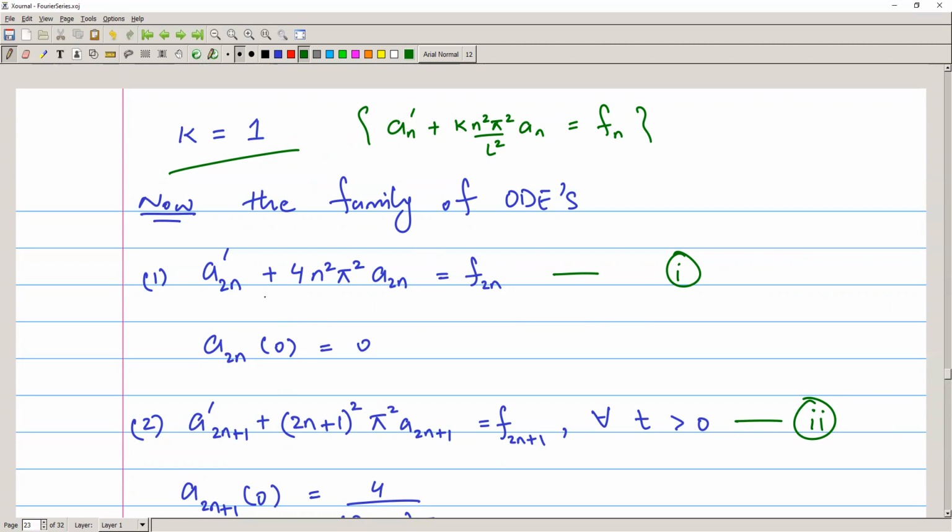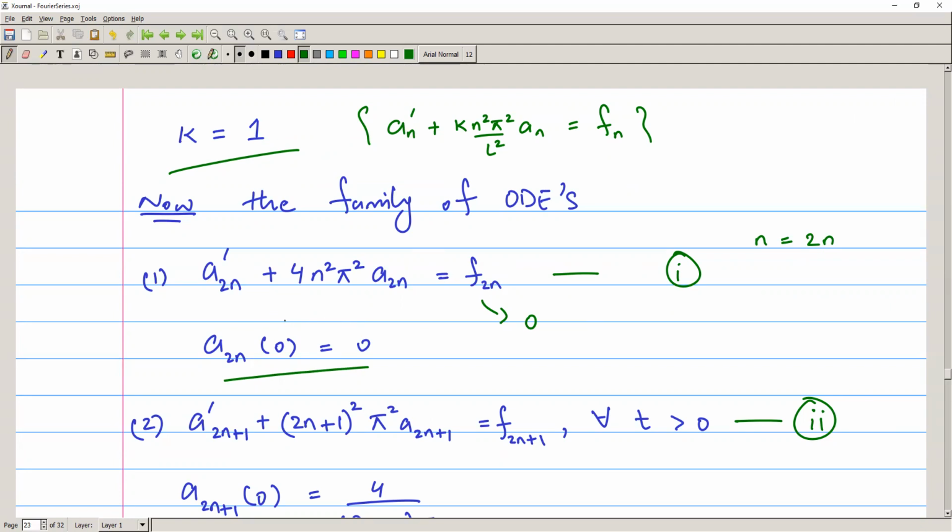Here we have generated for n equal to 2n, because we are dealing with evens here. So we know that all f's are equal to 0 for evens. So here all these will be 0. So this equation is 0 and the condition is also 0.